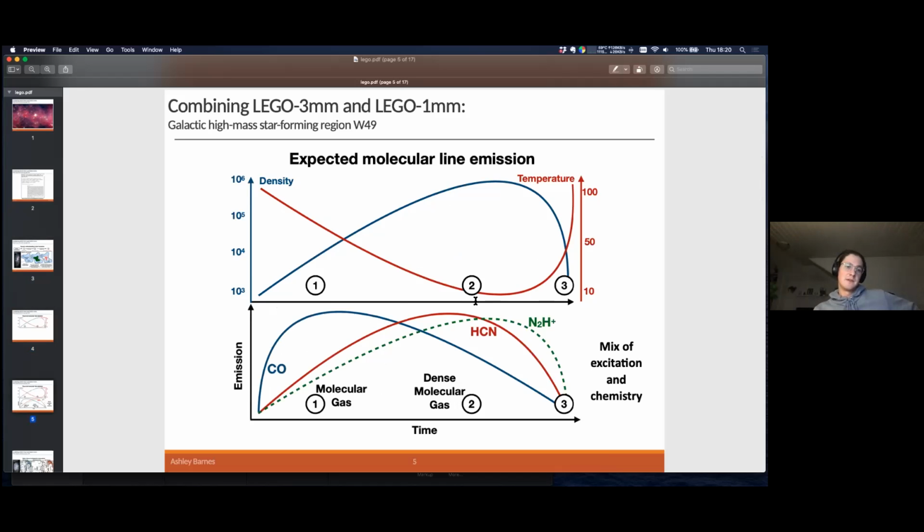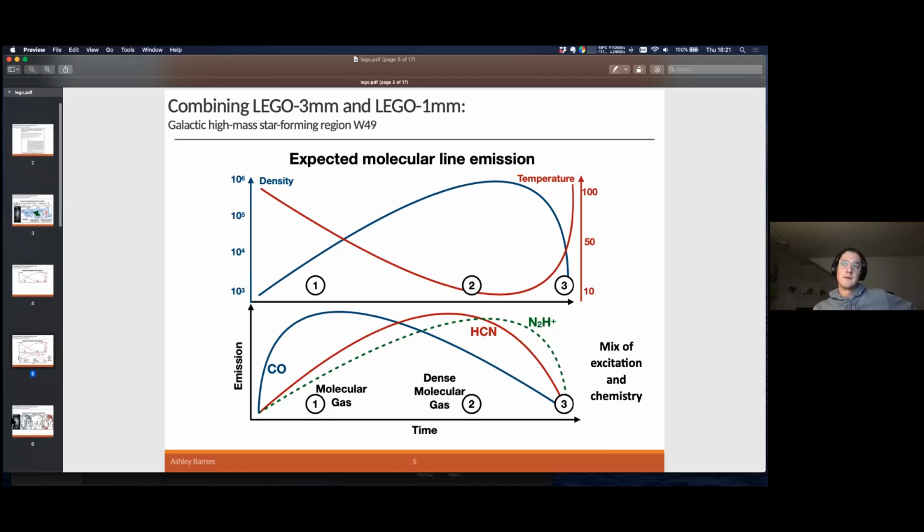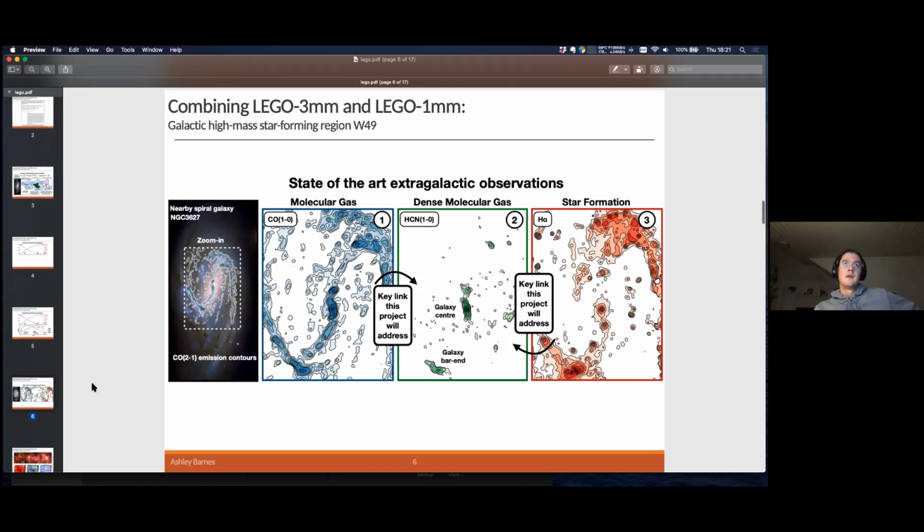And as the cloud collapses and cools, you get a mix of chemistry and excitation with the higher density, and other molecules such as HCN, potentially N2H+, become interesting for chasing this then denser gas phase of the ISM. And then when you get the star formation, the temperature rises, these molecules get destroyed, and you don't get emission from these molecules.